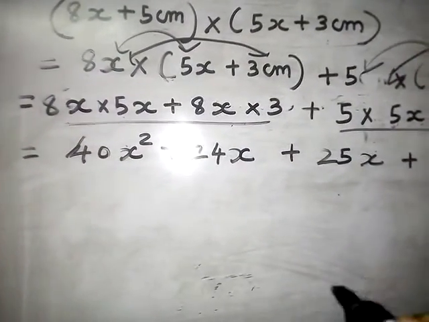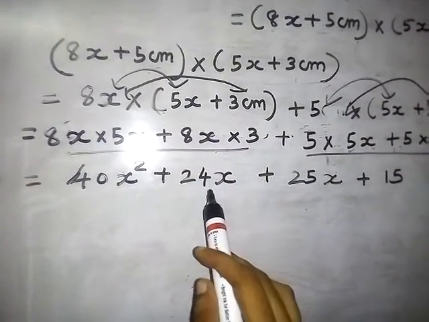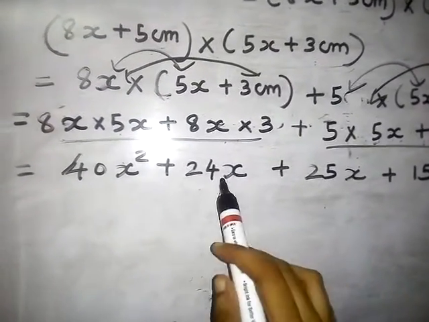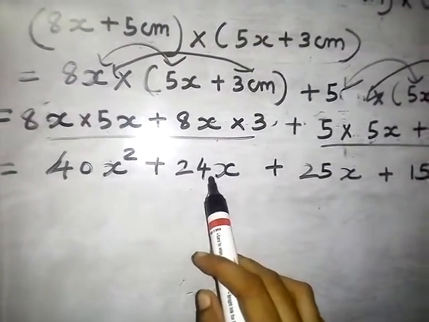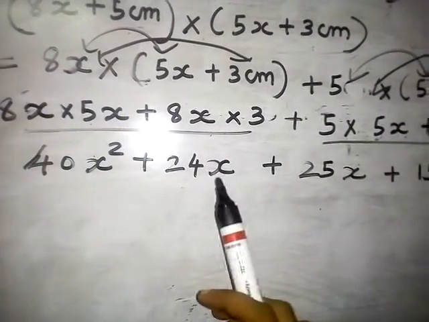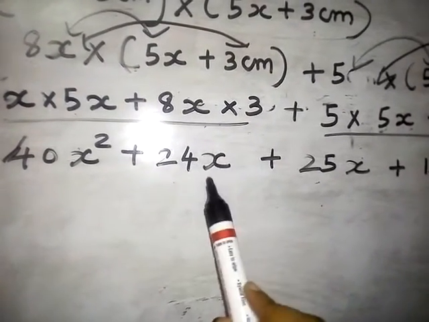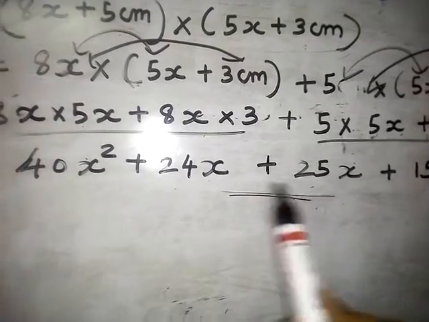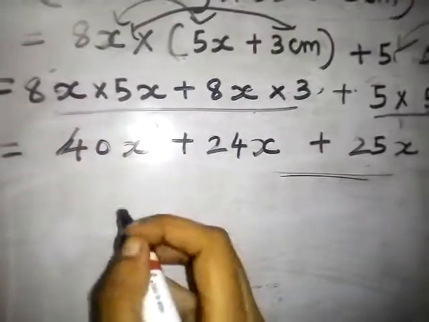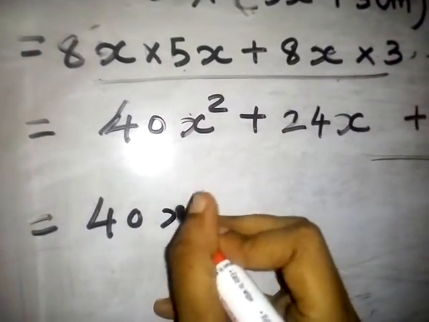Now look over here. You are getting these two numbers as like terms. Same variable, different numbers. If you are getting two different numbers with same variable, you have to solve this one. Unlike terms, you have to write as it is. That means 40x square.